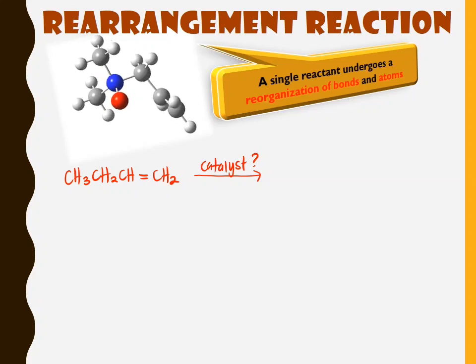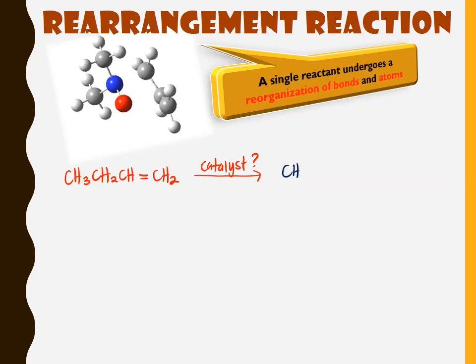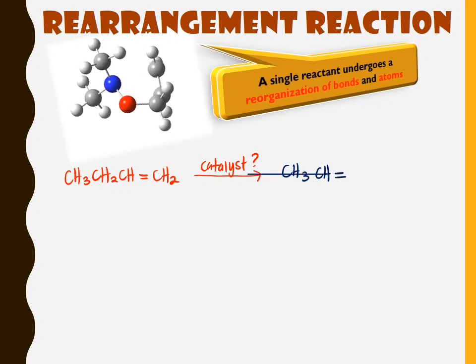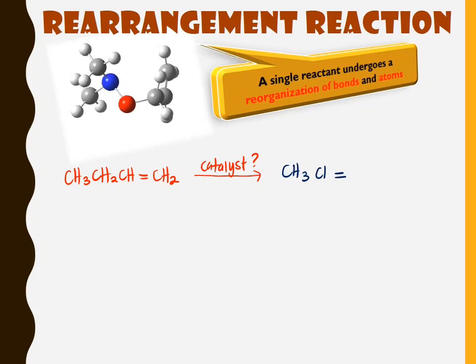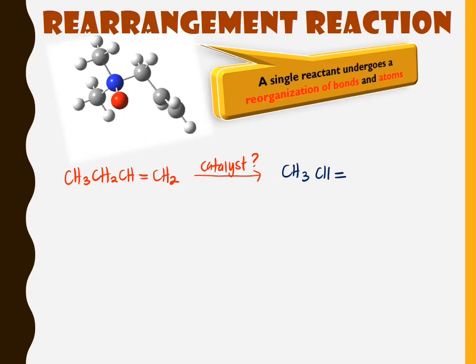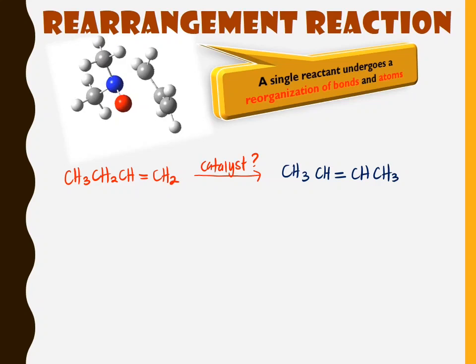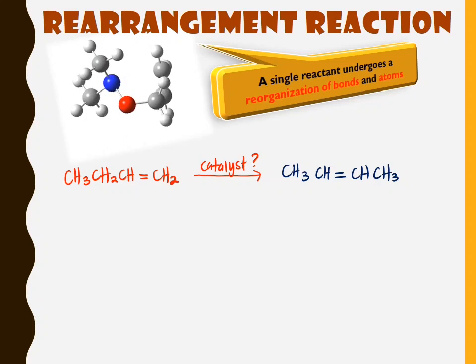The product that I change is like this. I will move the position of double bond, becoming CH3, CH, double bond. See? Double bond at position number 2, whereas just now the double bond was at position number 1. So I change the position of atom, which is the hydrogen atom, and the position of double bond.